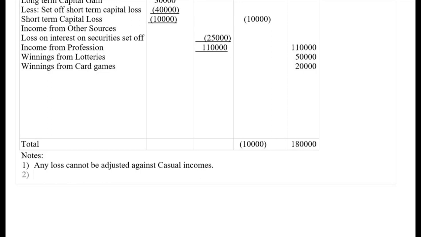Then short-term capital loss cannot be adjusted or set off against other heads of income.